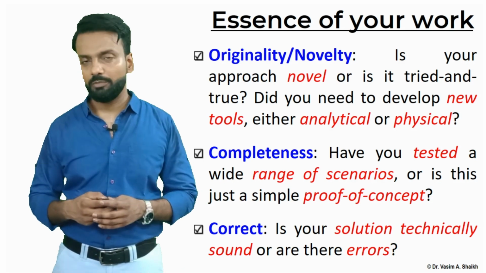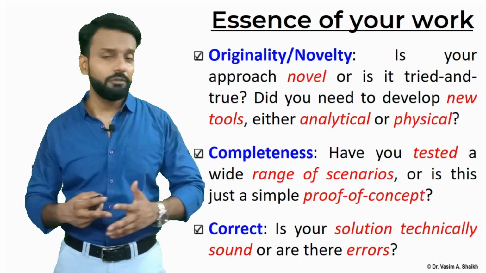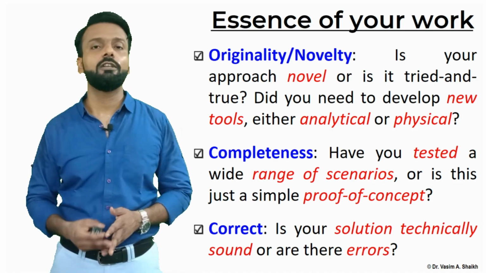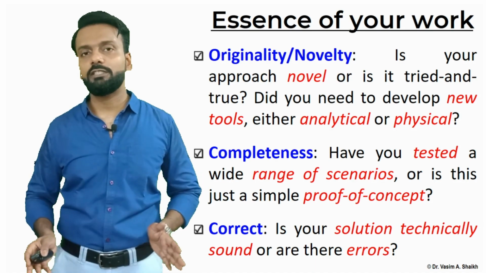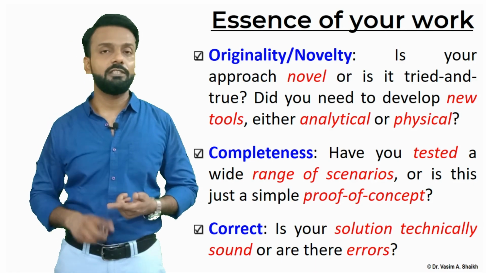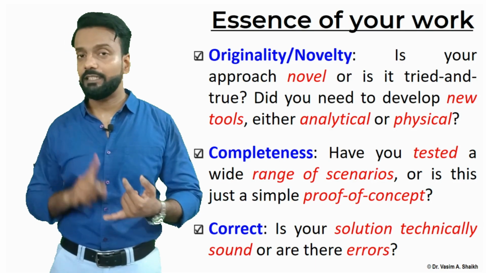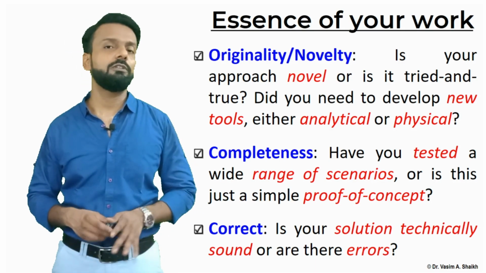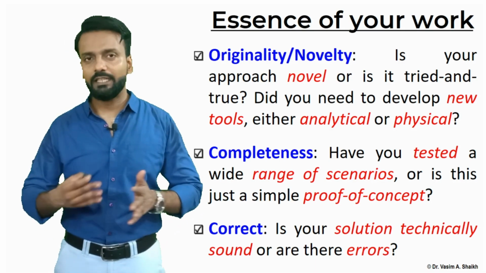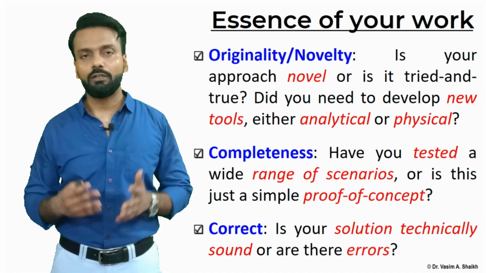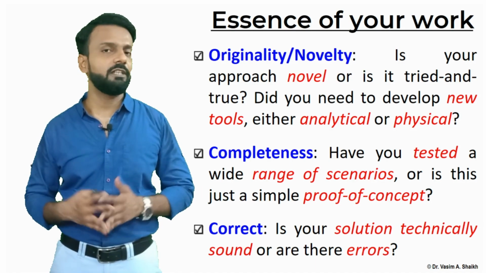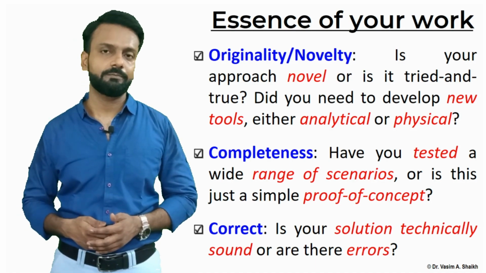Sometimes there might be an error in your work and you may not be aware of that. So you need to look into all these aspects, whether your work is significant, original and novel, complete and correct. You need to work upon these four factors, and this is the essence of your work. If you are good with all these four aspects, then you are good to write a paper.